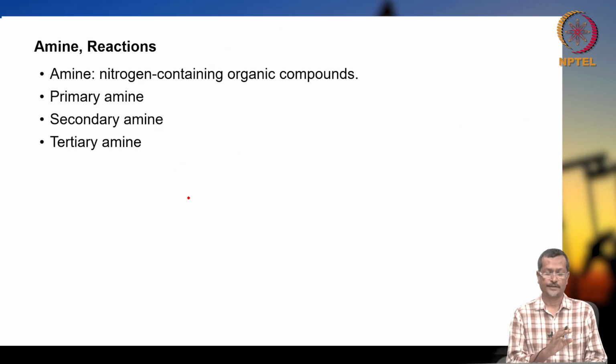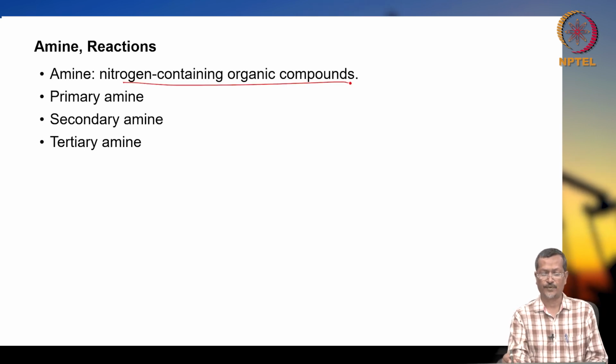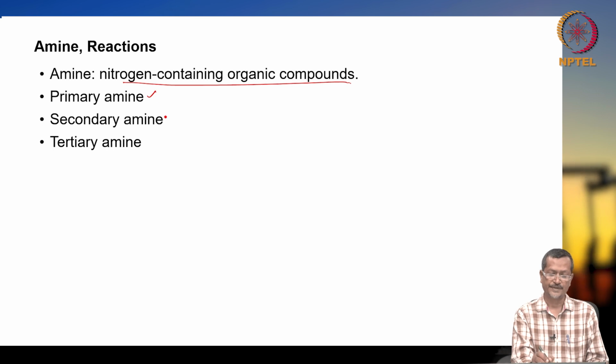Now, another one, besides the iron sponge reaction, is the amine reaction. What is amine? Amine is a nitrogen-containing organic compound. There are three types of amine: primary, secondary and tertiary.